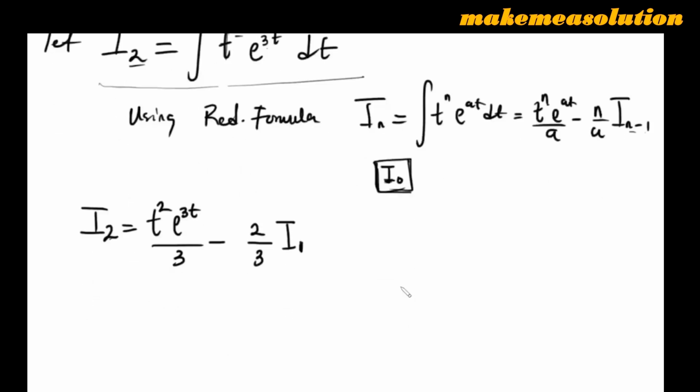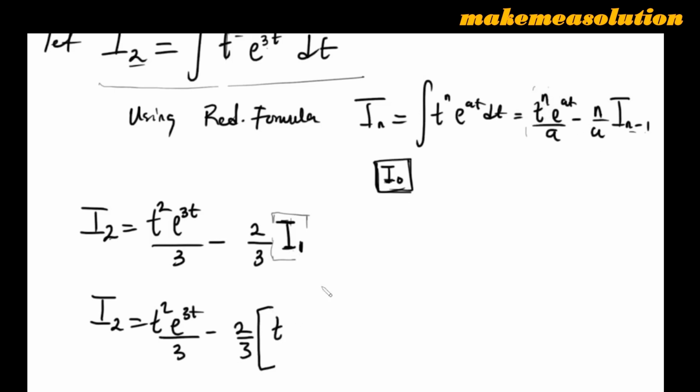Okay, so at this point we are going to apply the reduction formula at I_1. The aim is to apply the reduction formula till everything becomes I_0, and we'll take it from there. So I_2 will be t squared exponential 3t over 3 minus 2 over 3. So our I_1 will open a bracket, then we'll follow this pattern, assuming n is 1.